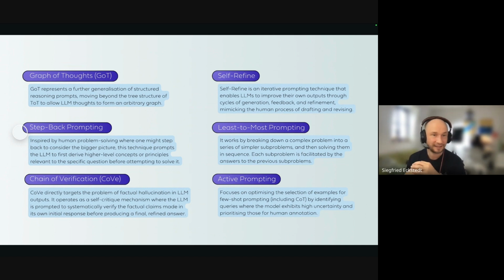Chain of verification as a next technique. It's about hallucination, and it is basically the idea to have a mechanism involved to criticize, and the large language model shall self-criticize its prior prompt. So systematically, you want to verify whether what it has claimed is actually factual.